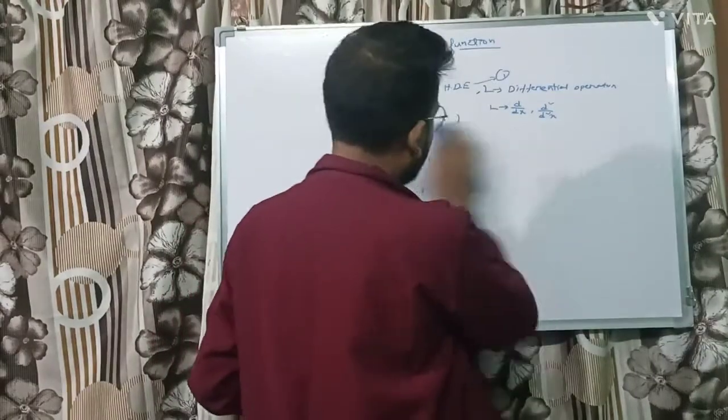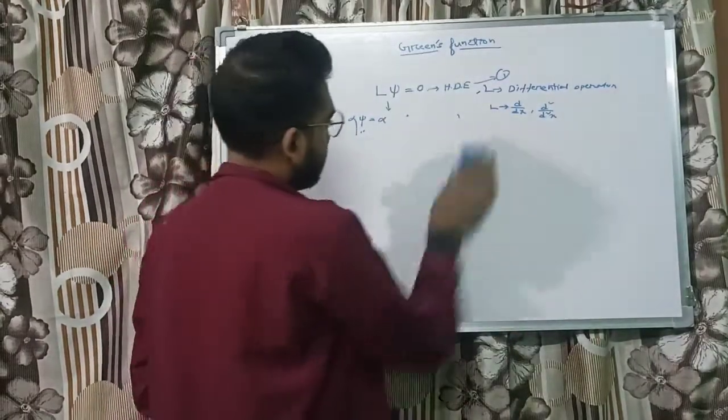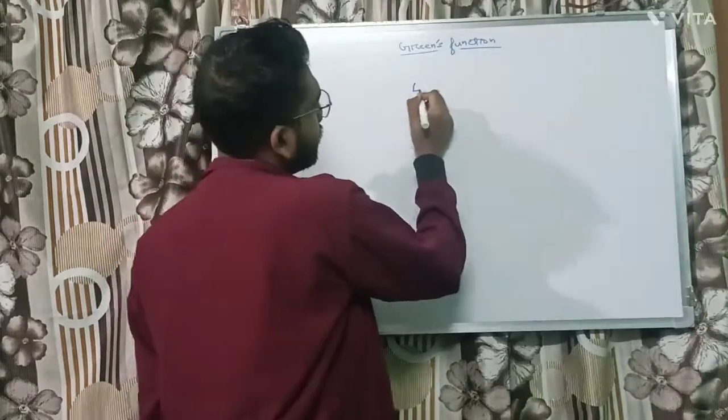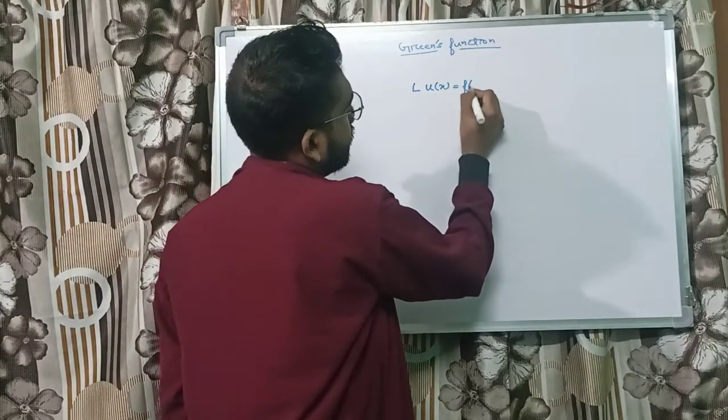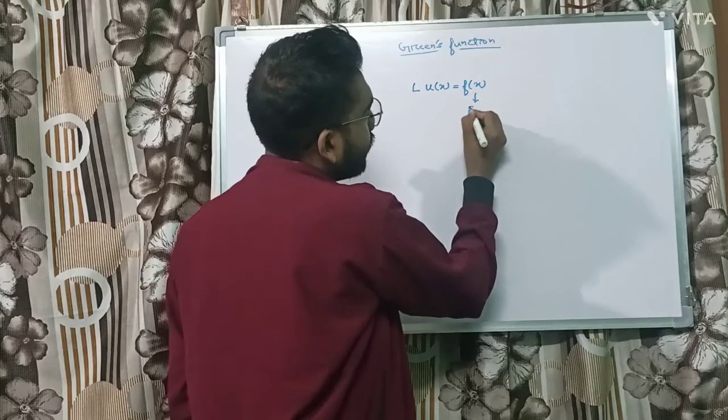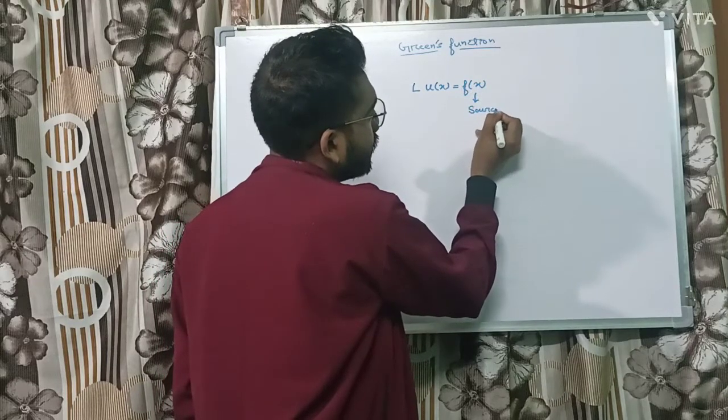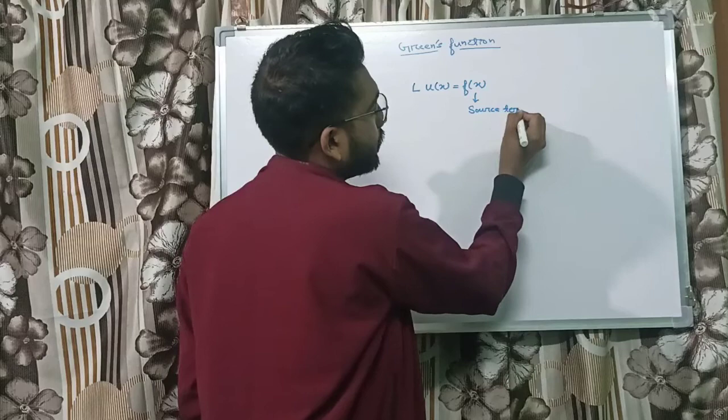Moving on, what I got is L u(x) equal f(x). Here the term f(x) is known as the source term. Remember that this term is known as the source term.